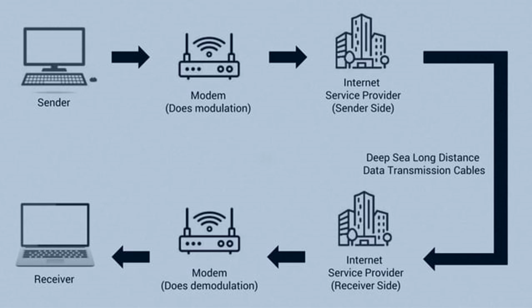This links to another thing, the internet service provider. That means they are providing the internet to us. This is connected to another internet service provider through data transmission cables. The last internet service provider is the service provider of the receiver. From this, the data are sent to the modem of the receiver and then to the receiver computer. This way the communication happens.